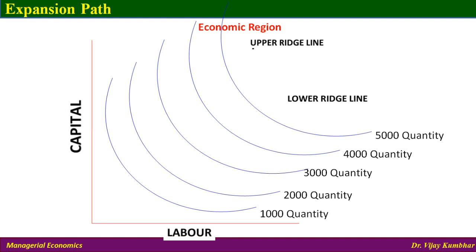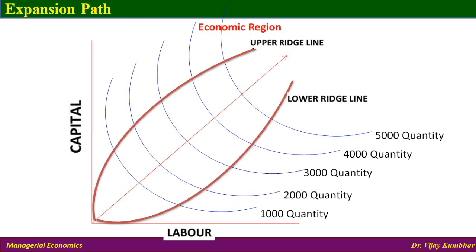Now we will discuss the economic region. These are the various isoquants which indicate the quantity of production 1000 to 5000, and this is the expansion path which we discussed earlier in this session. This is the upper ridge line and this is the lower ridge line.